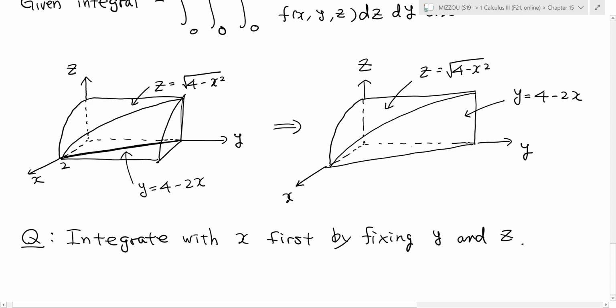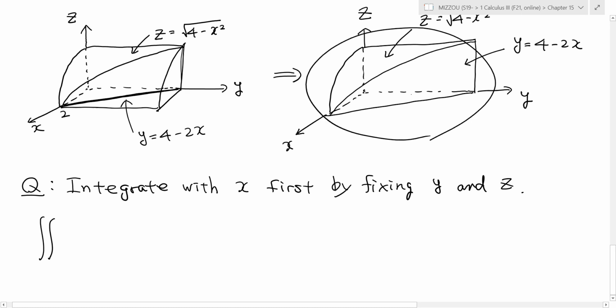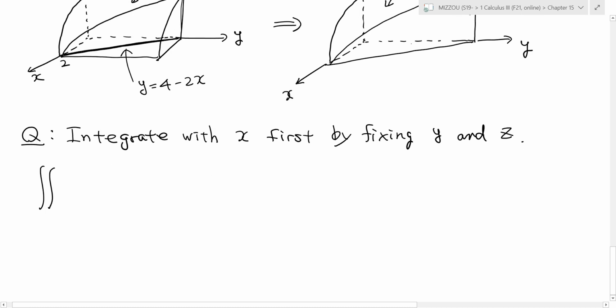And it turns out that in this case, if you look at the shadow of this picture on the yz plane, namely if you project this down, what you see is something like this. And then you have a rectangle.